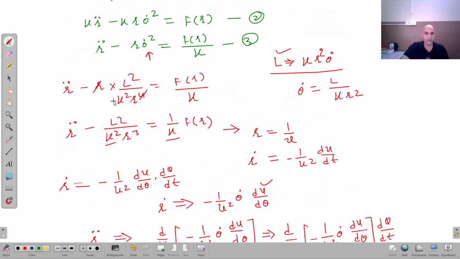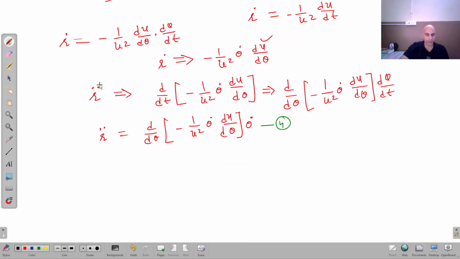So when I replace all these values, this equation becomes r double dash, that is d upon d theta bracket minus 1 upon u square theta dash du upon d theta into theta dash, right?